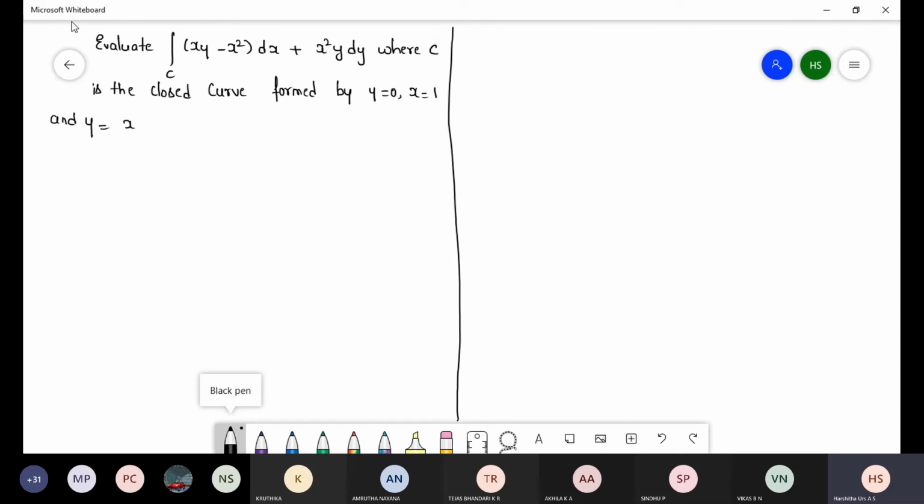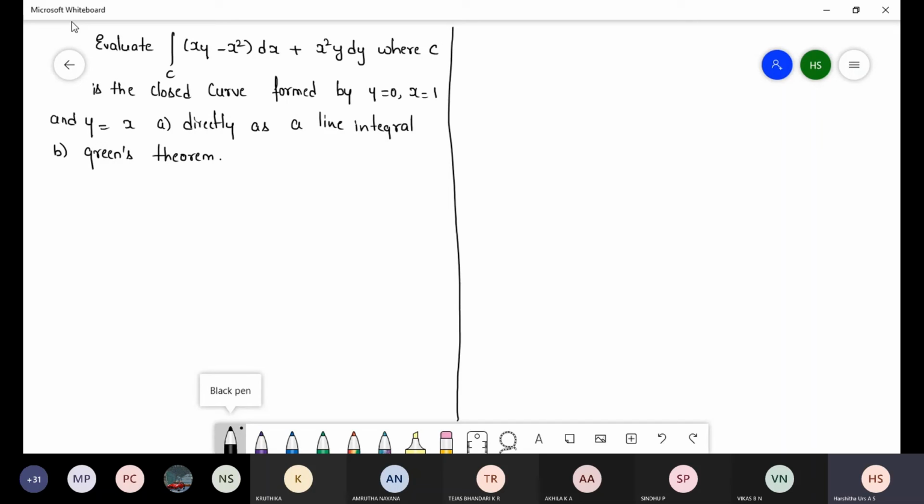In that, the first one is directly as a line integral. Already we have studied the line integral procedure. And the second one, Green's theorem.